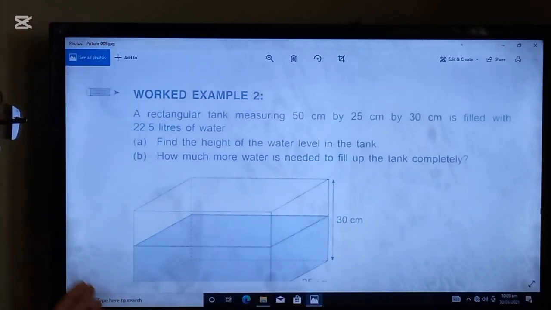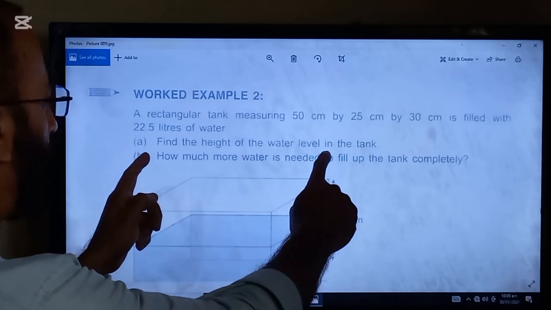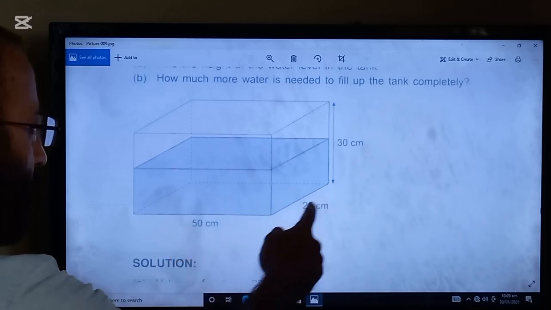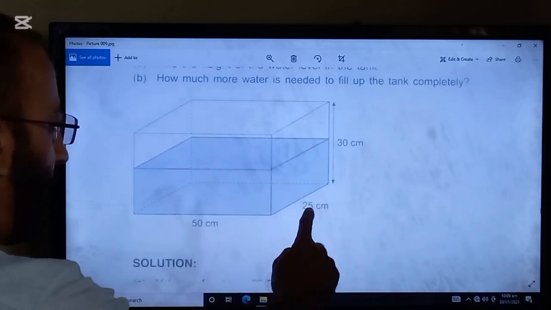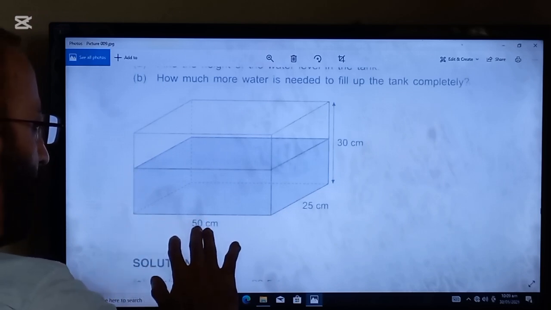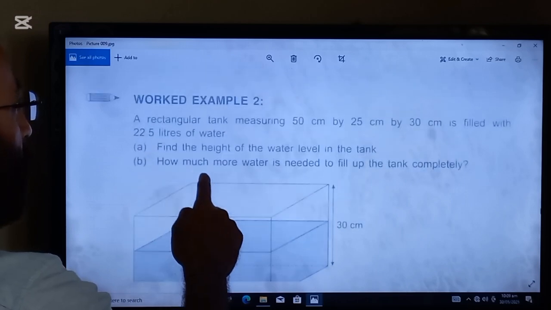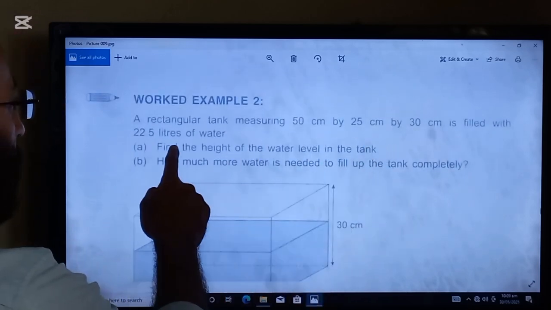The game plan for solving this question: the height of the water level is the requirement, and the dimensions of the base, length and breadth, are given, but the height of the water is missing. So the formula length into breadth into height will be used, and that will be equal to the volume of the water, that is 22.5 liters.